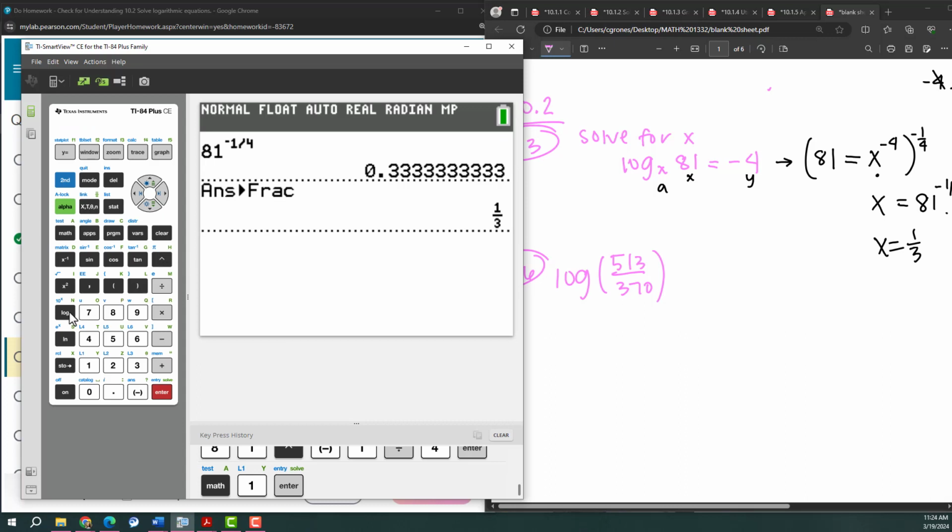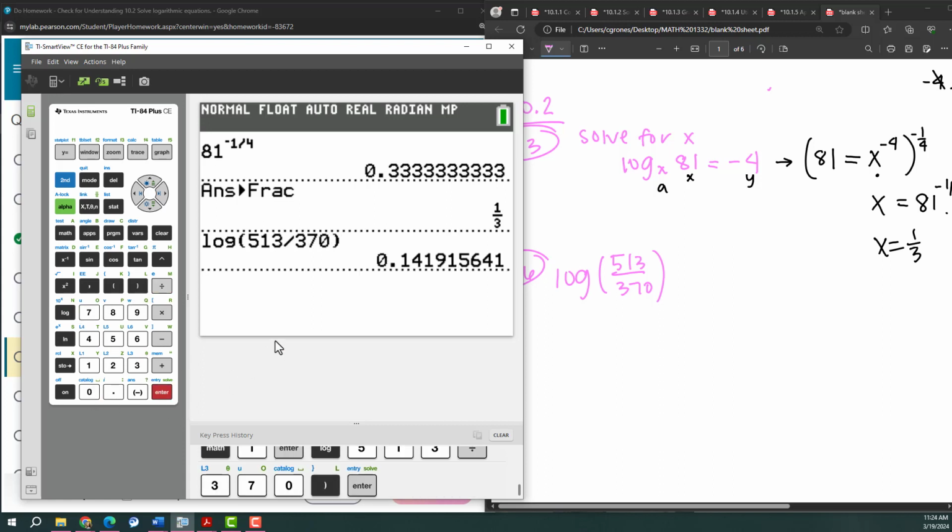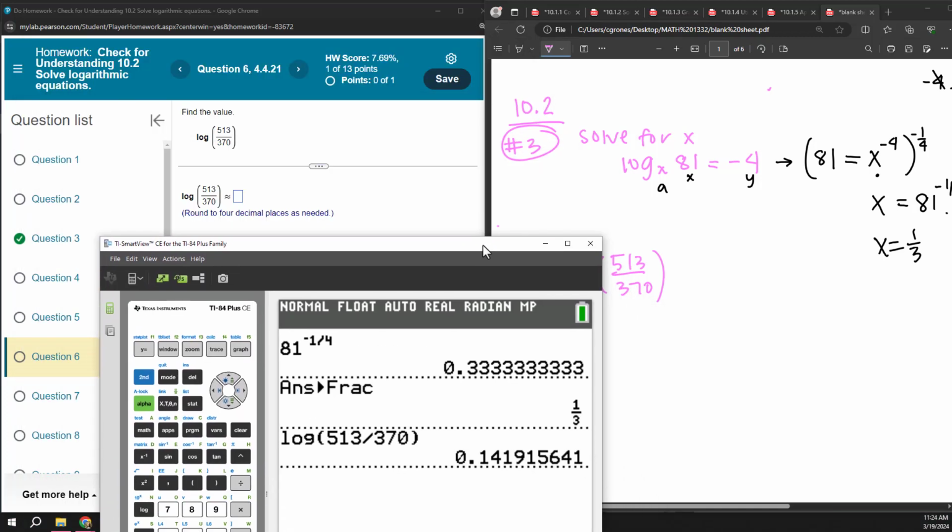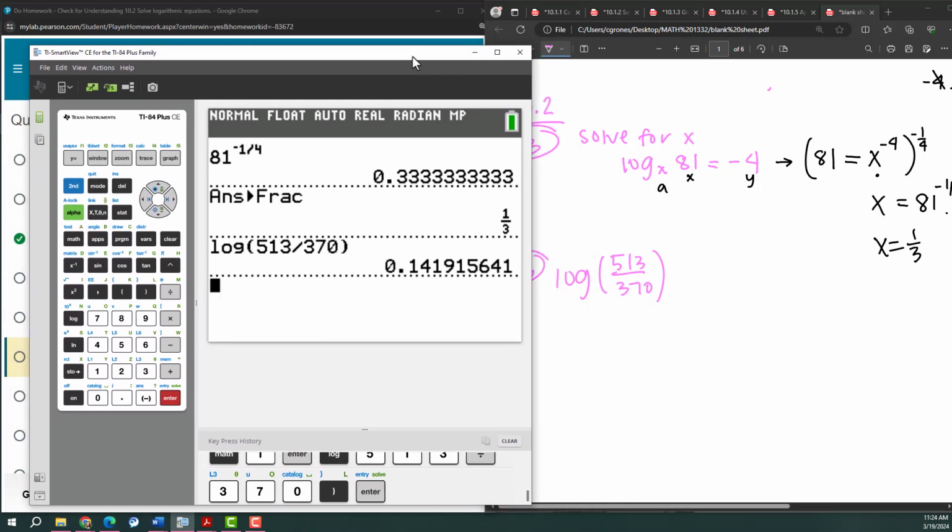So our log is right here, and we've got 513 divided by 370. Enter, and it gives us a decimal, and it says round to 4 decimal places as needed, so it would be 0.1419.